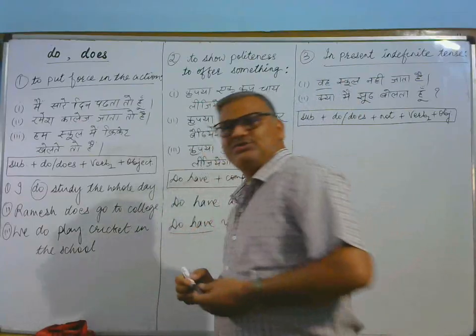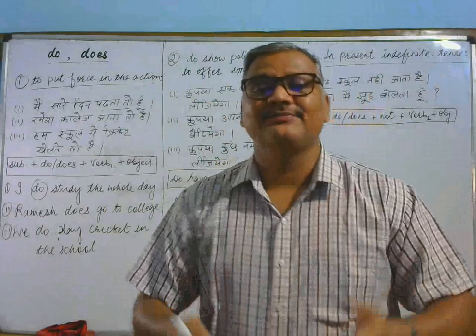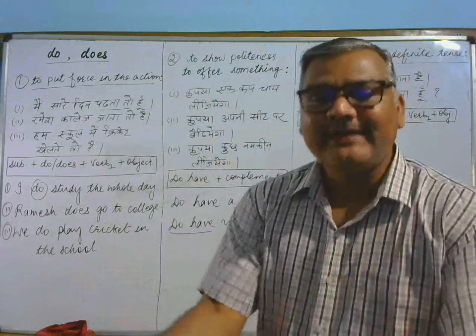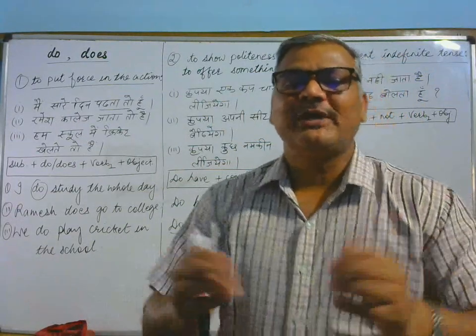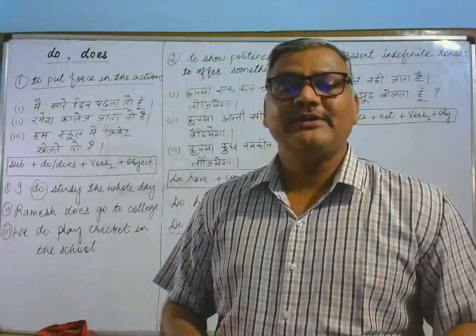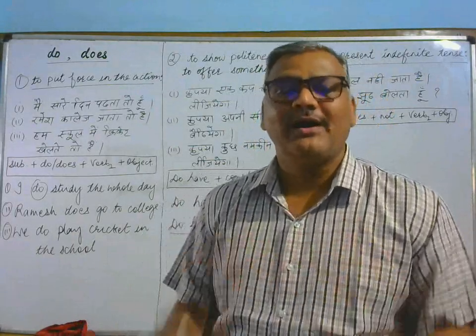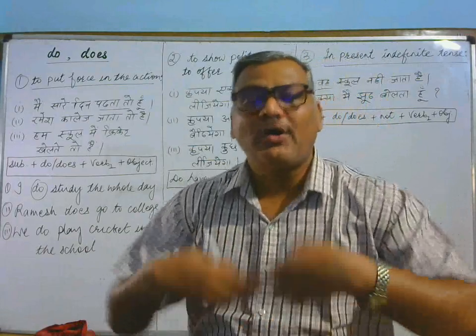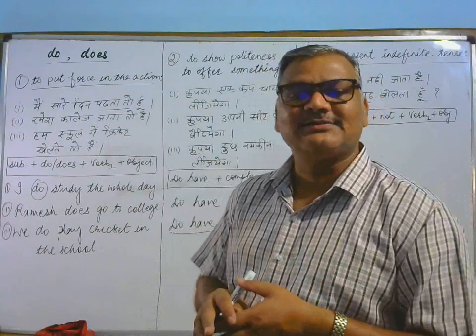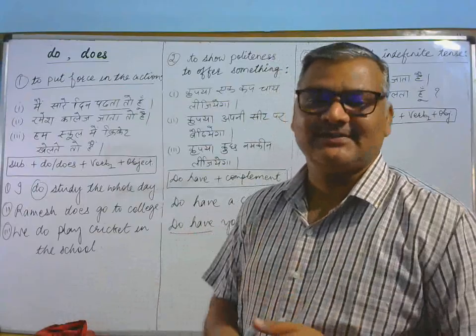Here too you have used do have. Do have your seat means you are offering a seat to someone, and really you are offering, you want from your heart, you want to show more politeness from your heart that you are offering a seat.